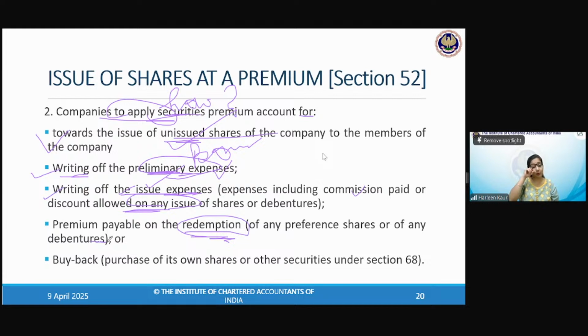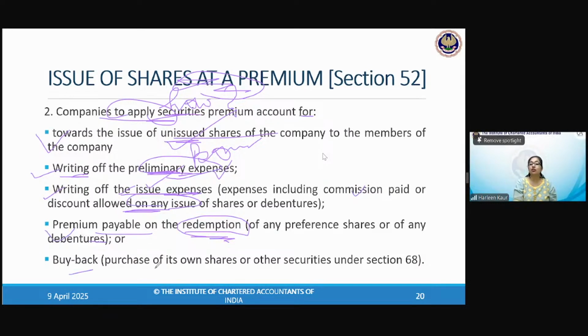Sometimes when we repay the preference shares or debentures, they are repaid at a premium. Debenture holders are very happy: we just purchased the debentures for 10 rupees, and now we are getting them back for 12 rupees. So a higher amount is paid at times on redemption. Now, where is the company going to pay this rupees 2 from? They will utilize the securities premium amount. The premium to be paid on the redemption will be utilized from it.